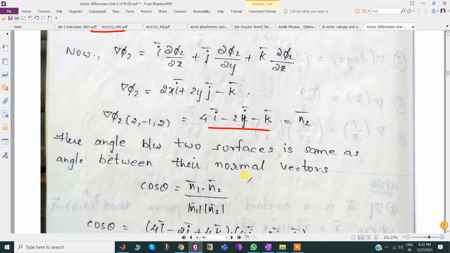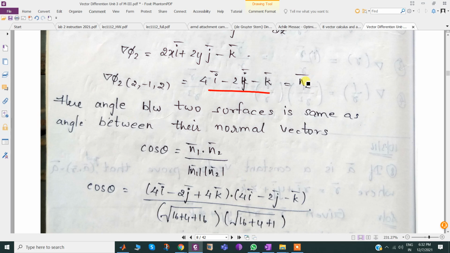The angle between the two vectors, here considered as n1 bar and n2 bar, I may consider directly as del phi 1 at P dot del phi 2 at P divided by mod del phi 1 at P times mod del phi 2 at P.